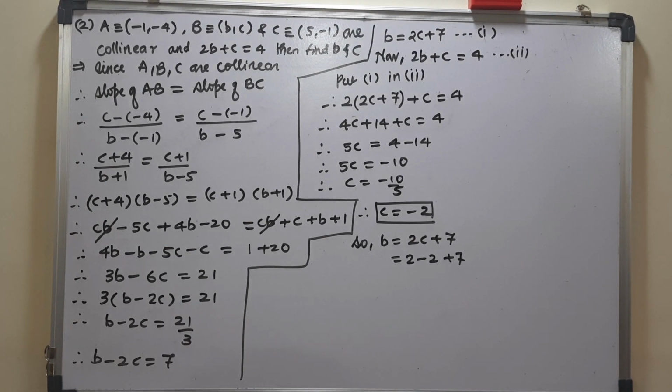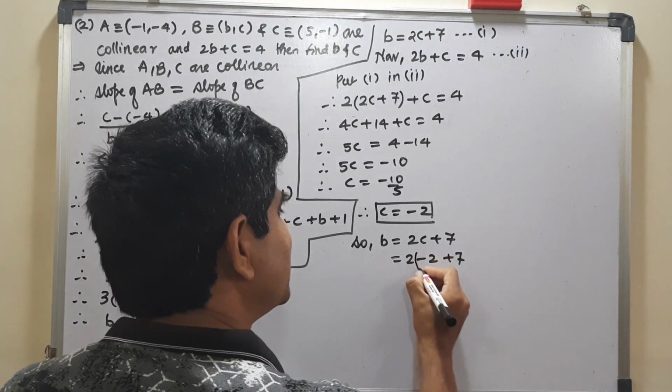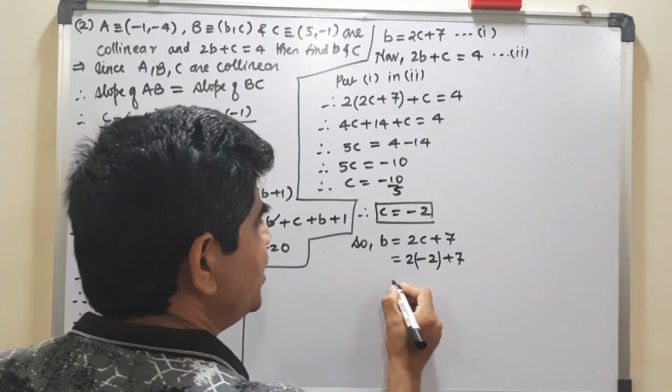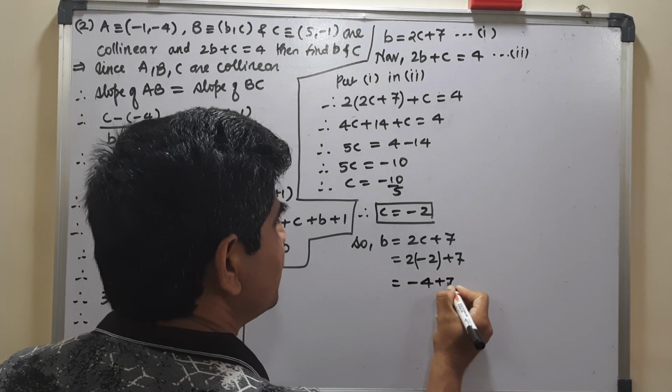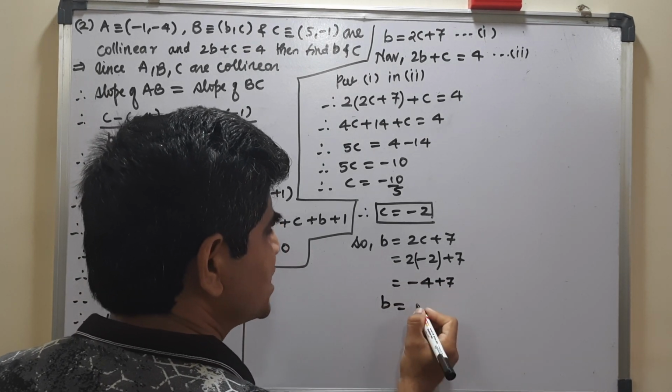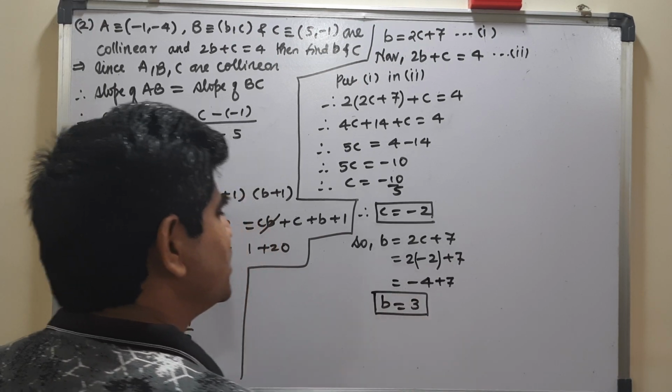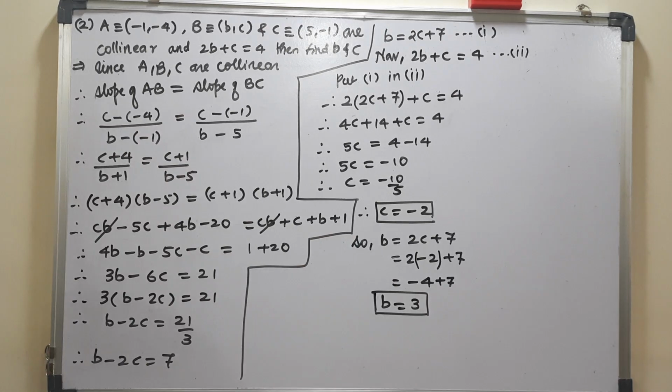To indicate multiplication, I need to put the bracket here. So it is 2 into minus 2, that is minus 4, plus 7. So B value is 7 minus 4, that is 3. So you got the values of B and C.